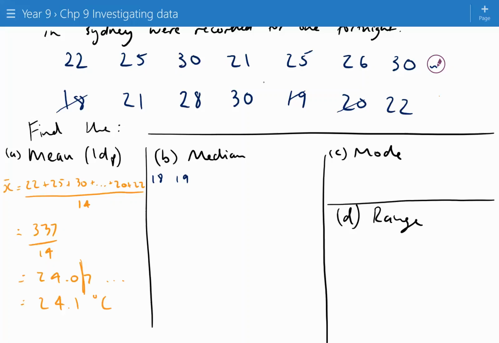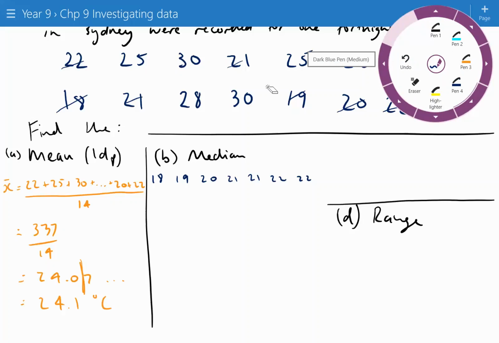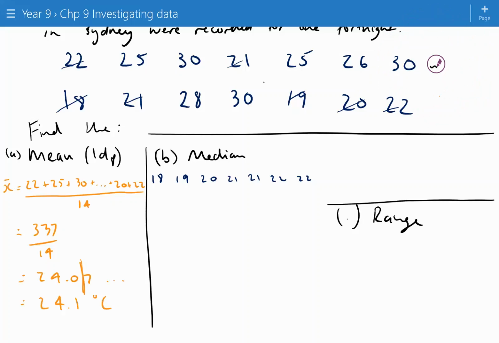We've got 20, 21, 21, 22, 22. What I'm going to do is get rid of this as well, and I'll put the mode back. I'll call that C, D for the mode down here.